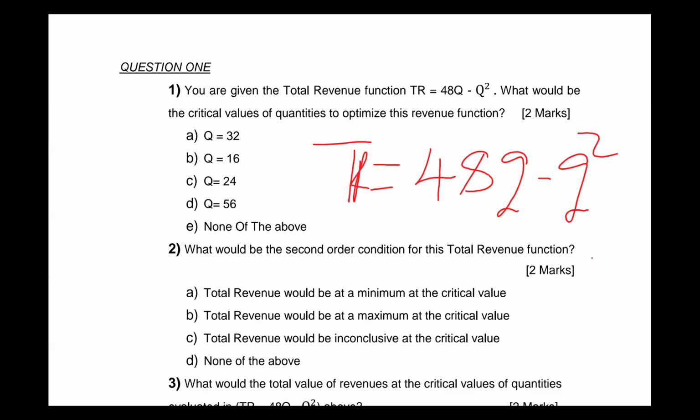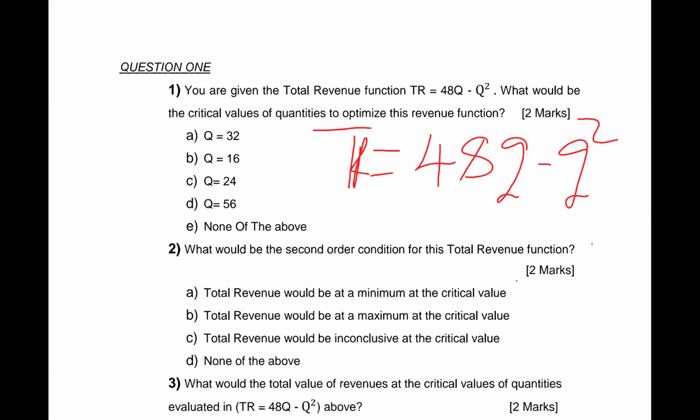To optimize simply means at the point where the function is minimized, the minimum point or the maximum point. Now, to find the minimum or the maximum point of a function, you got to differentiate it. Do the first derivative of a function.